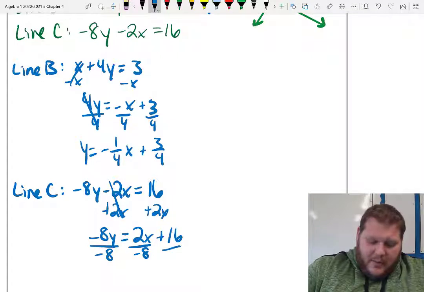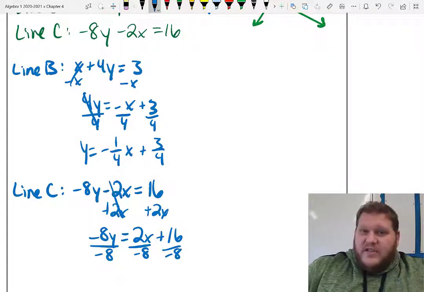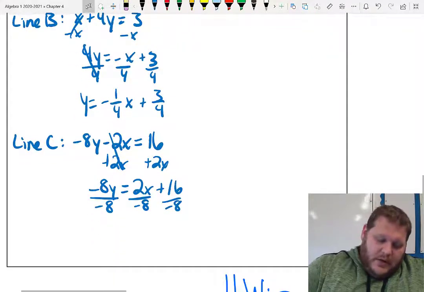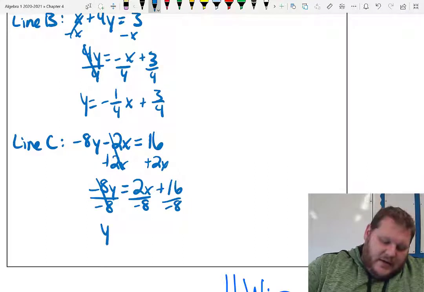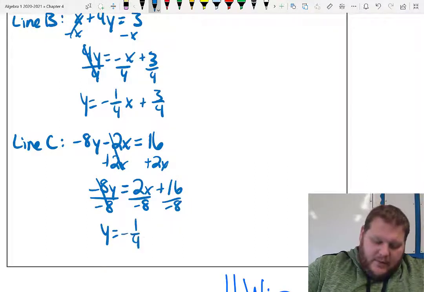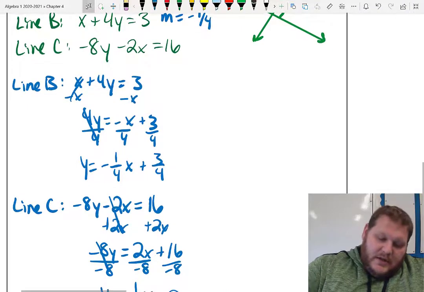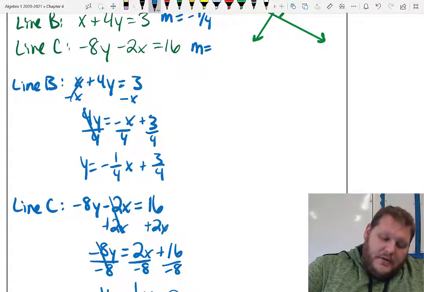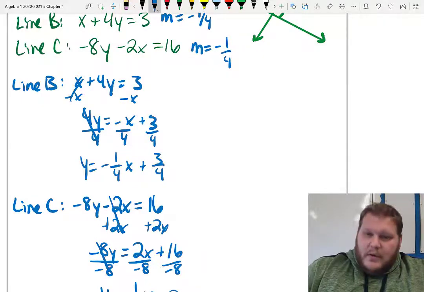You guys can slow me down or back me up and let me go a little bit slower for your own pace. When I divide through by negative 8 there, I get 2 over 8 reduces to a negative 1/4 x, and that ends up being minus 2. So my slope for line C also ended up being negative 1/4.